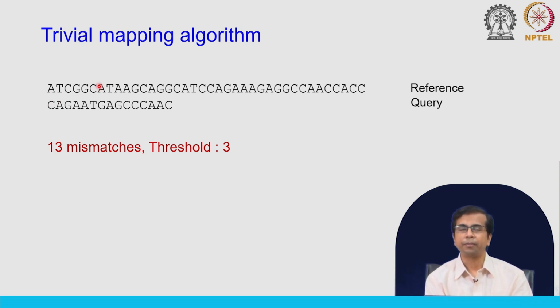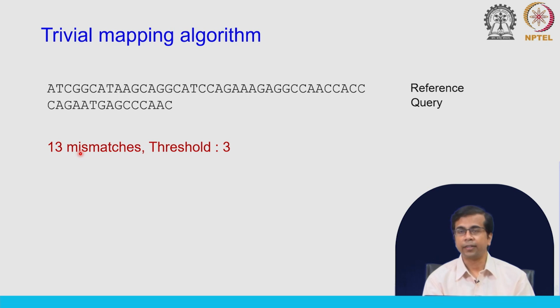The number of mismatches here is about 13, and we put the threshold at 3. Any position where you have fewer than 3 mismatches, we will say this is a good match, this is an alignment, and the read maps to this position. We can set these thresholds at different levels depending on the expected error rate in our sequencing data. Here you clearly have more mismatches than the threshold.